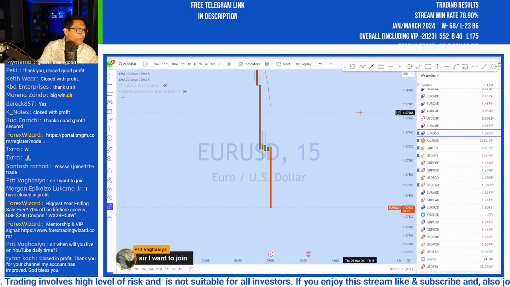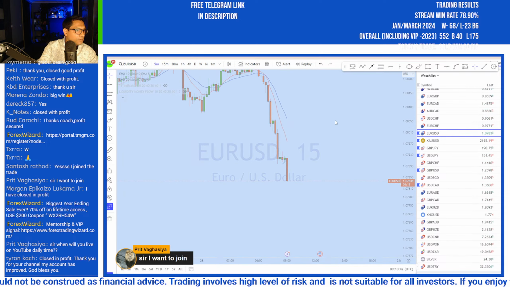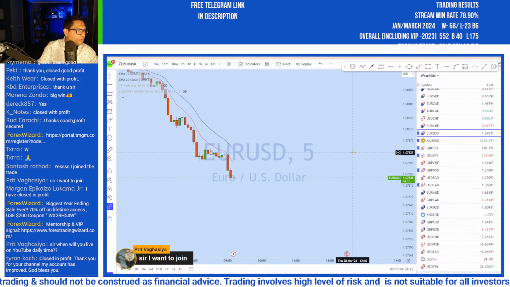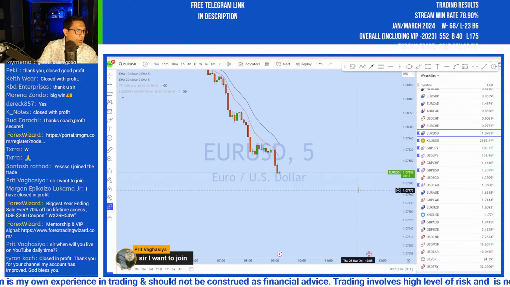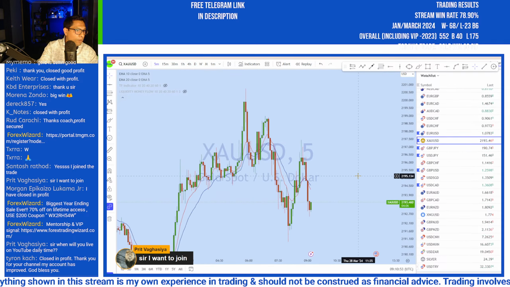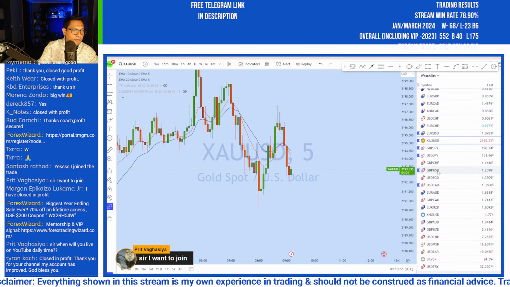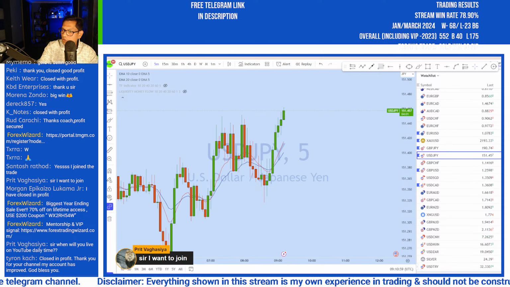Now this is a 15 minute chart. So euro dollar has made a significant drop. We'll be waiting for a deeper pullback. What's happening with gold here, and also dollar yen? Dollar yen has got a bounce as well.